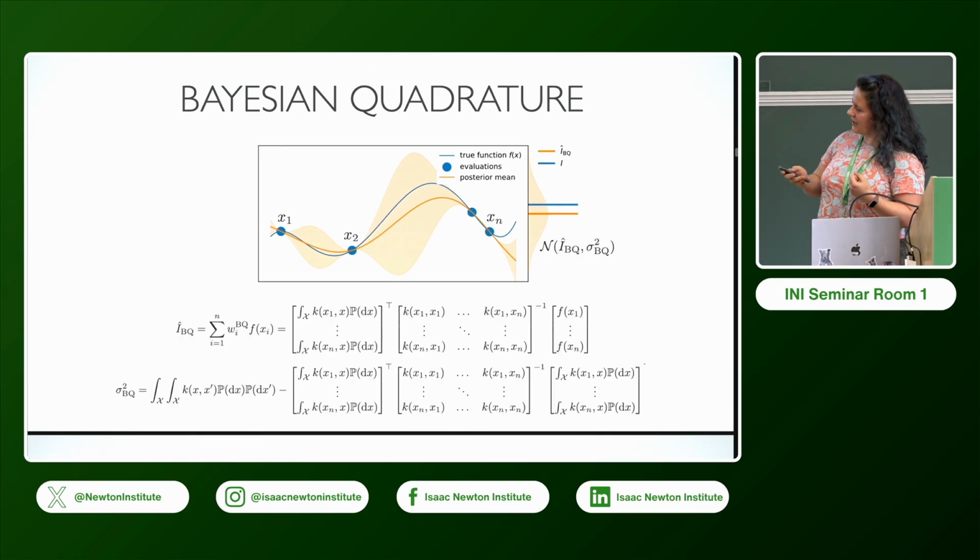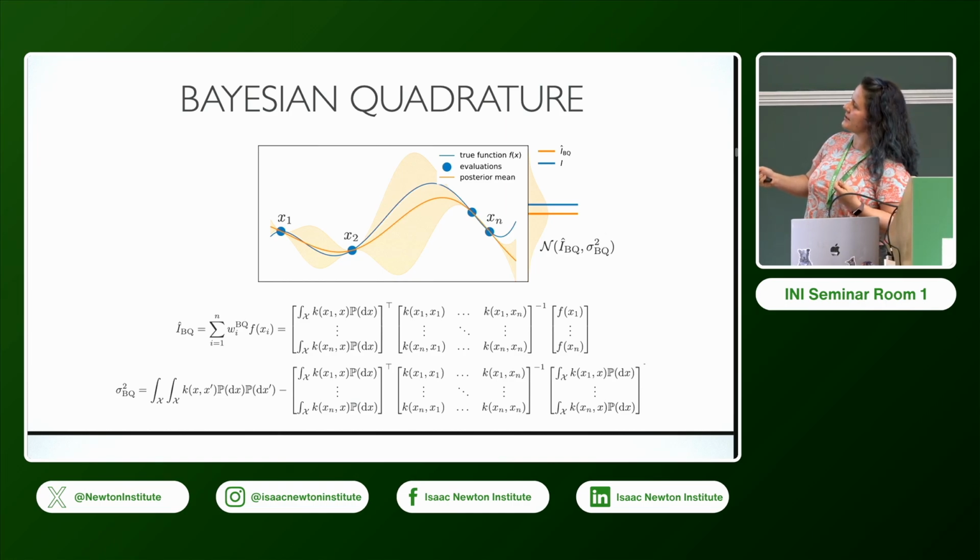Right, here is what the mean and the variance of this posterior belief about the value of the integral looks like. This mean, the BQ estimate, can be seen as the aforementioned quadrature rules, where the weights here I will refer to as BQ weights from now on.